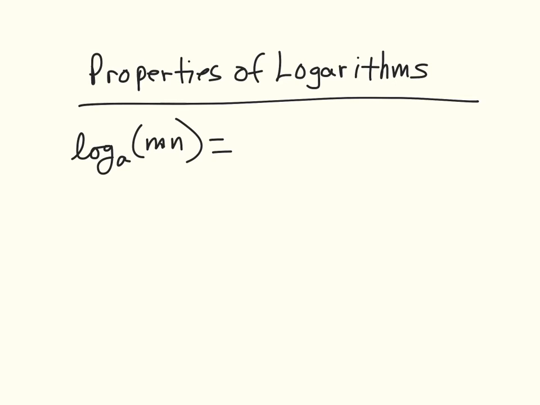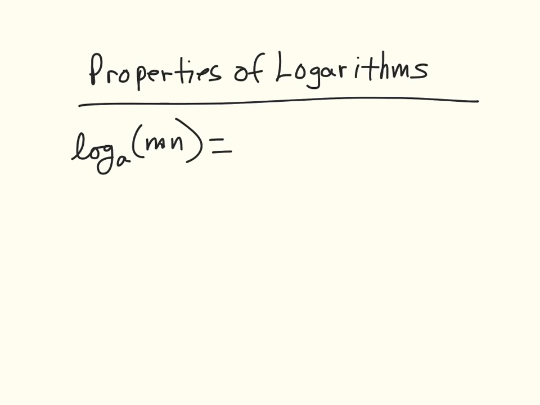Now, before I write these properties up, I want you to remember something I said earlier in this lesson. I said that the logarithm is really an exponent. So things that are true for exponents are related to things that are true for logarithms. And we know that when we multiply variables, we add the exponents. So what this property allows me to do is bust this single logarithm up into numerous logarithms.